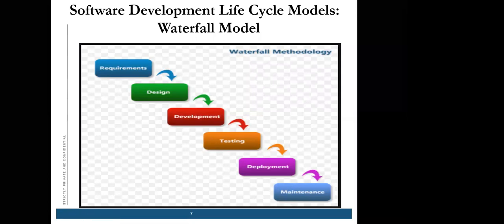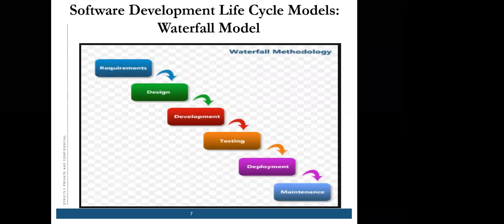So benefits of using this model are: the requirement does not change, nor does the design and the code, we cannot change it. So we get a stable product, and this model is very simple to implement. Requirements are finalized earlier in the life cycle, so there won't be any chaos in the next phases, as they are all predefined, and resources to implement this model are minimal as compared to other methodologies.